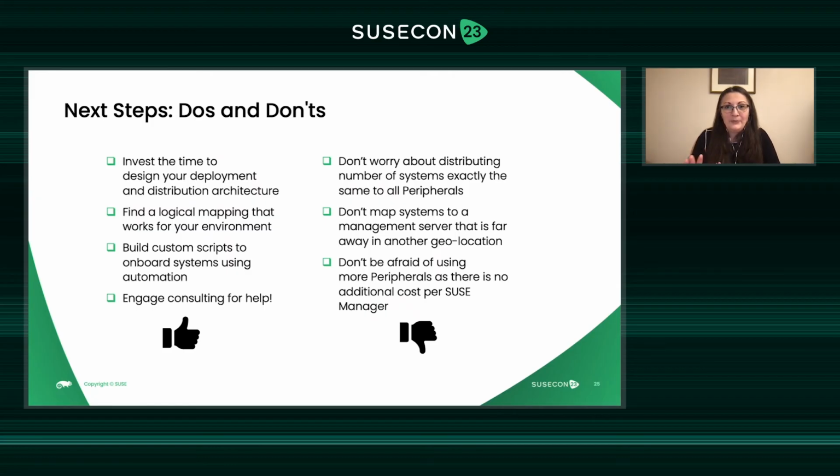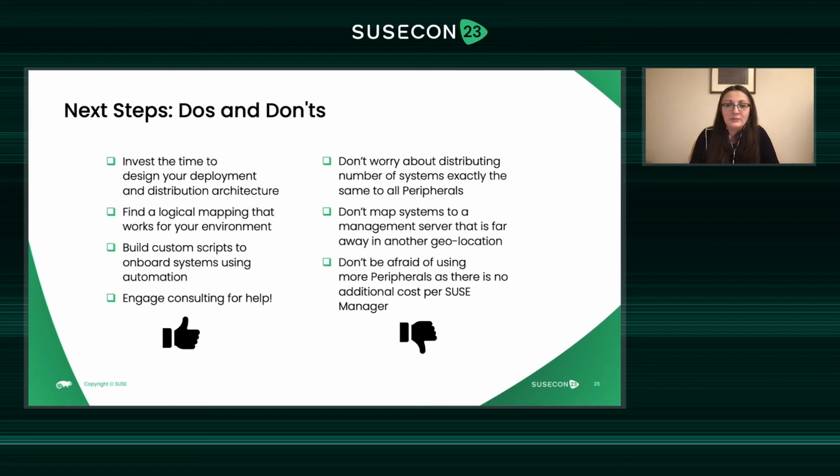Don't worry about distributing the number of systems exactly the same to all peripherals. That is not required or mandated. Don't map systems to a management server that is far away in another geolocation. Don't be afraid of using more peripherals, as there's no additional cost per SUSE Manager.